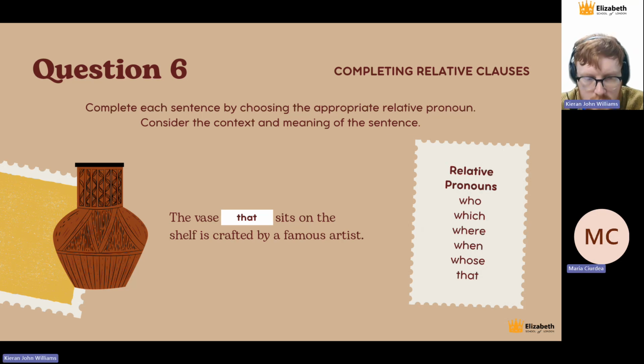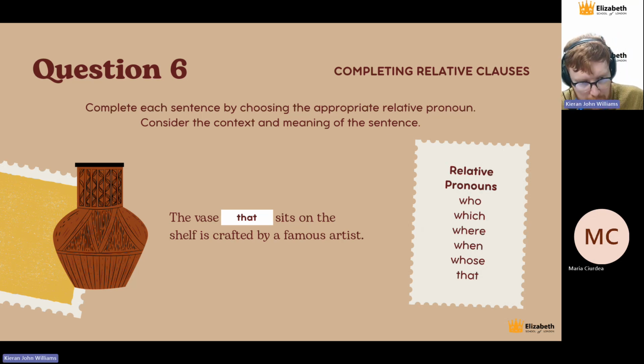Which. Okay. So in this situation, you could use which or you could use that. Both of them are fine. On the screen, it will tell you that it is that, but which is also okay as well. Okay. So both of them are good. Because this is a defining relative clause, both of them are okay.